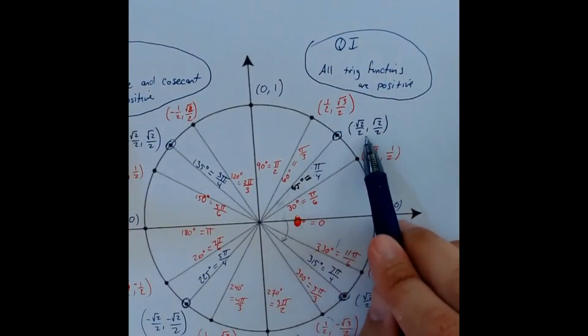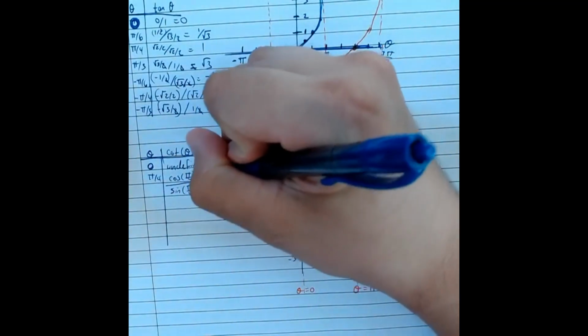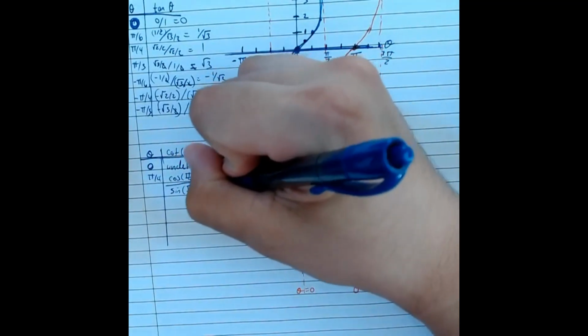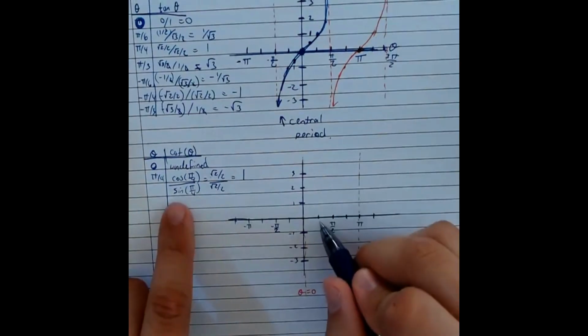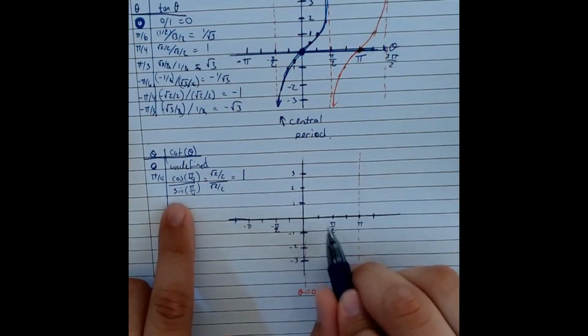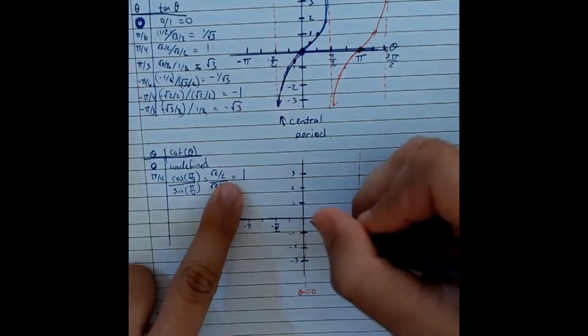Cosine of pi over 4 and sine of pi over 4 are both root 2 over 2. And if you take a number and divide it into itself, you just get the number 1. So at pi over 4, the cotangent has a value of 1.